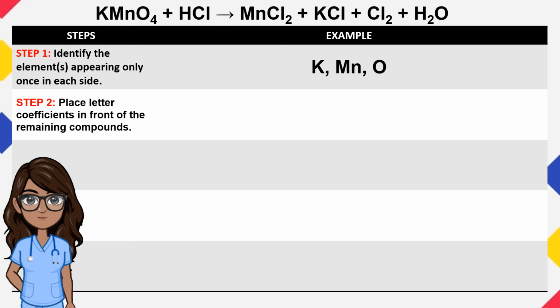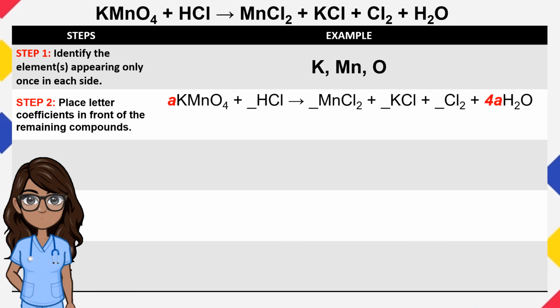Applying the rules mentioned, we'll use the same letter coefficient in front of KMnO4 and H2O, putting A in front of KMnO4 and 4A in front of H2O, since logically, the number in front of H2O must be 4 times the number in front of KMnO4 to balance oxygen.